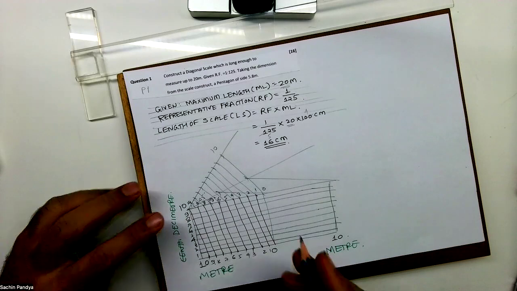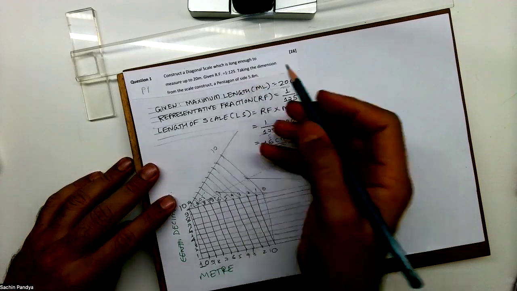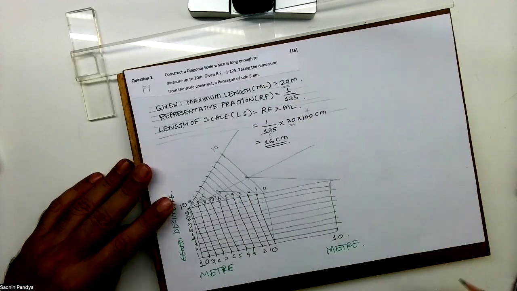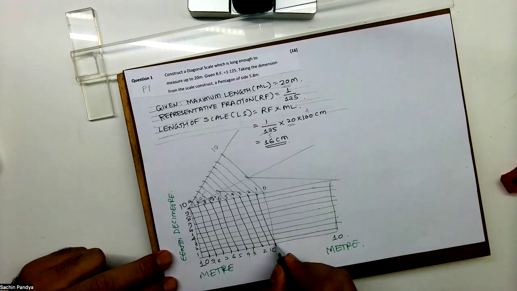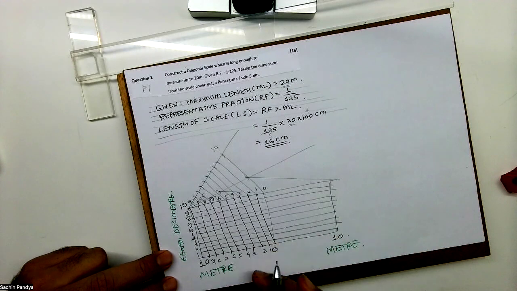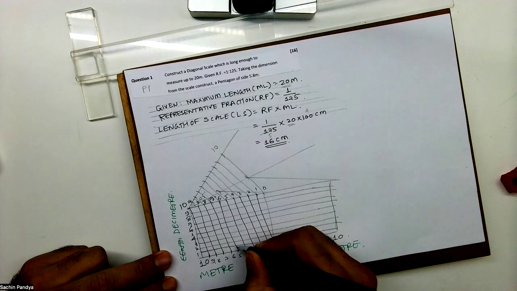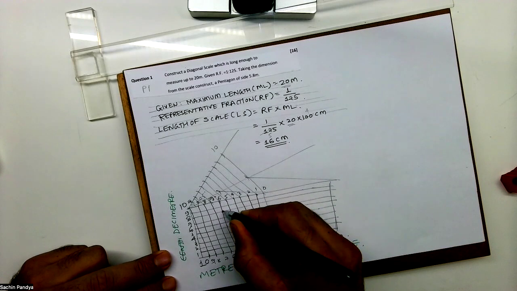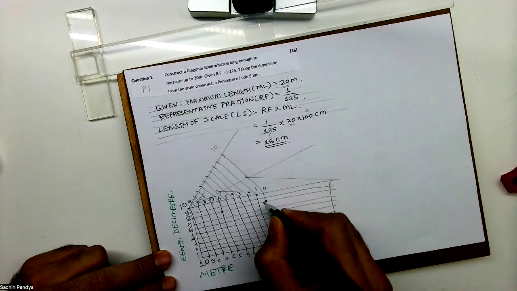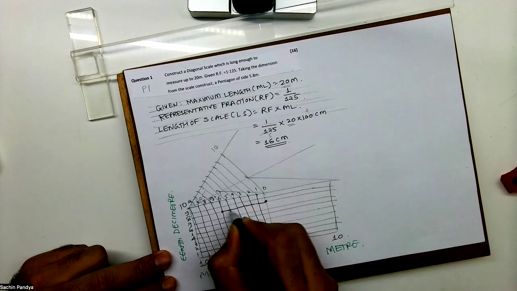Now I need to mark 5.8 meter. Okay, so 5.8. Here I don't have a 5, I have a 5 over here. 1, 2, 3, 4, 5. And then 1, 2, 3, 4, 5, 6, 7, 8. So this distance would be 5.8 meter.